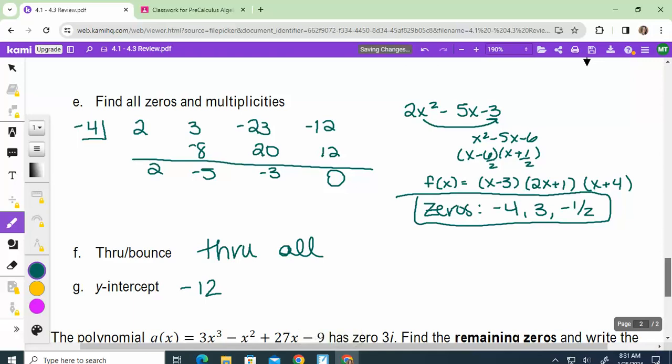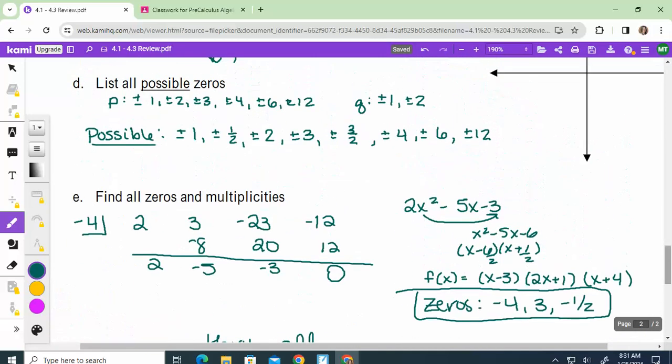Okay, so now we plot all this stuff on the graph. So y-axis is -12, x-axis at -4, positive 3, and -1 half.